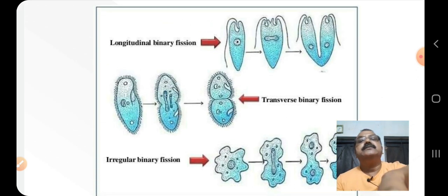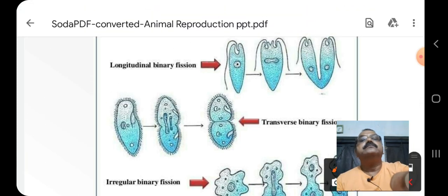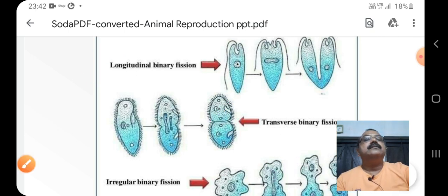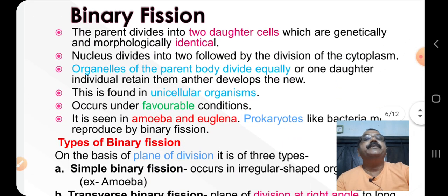The first one is longitudinal binary fission, second is transverse binary fission, and third is irregular binary fission. Let us go to the details of this binary fission.